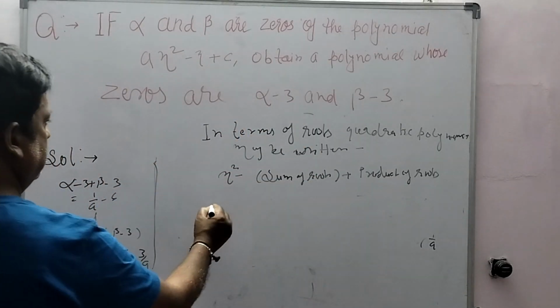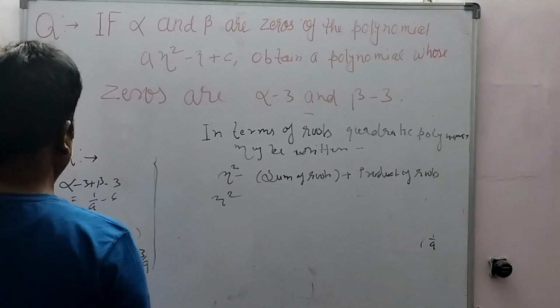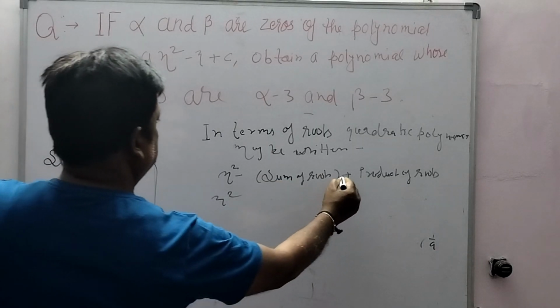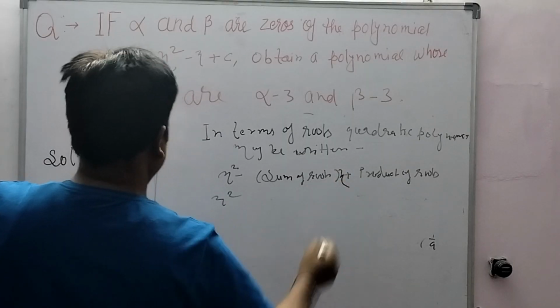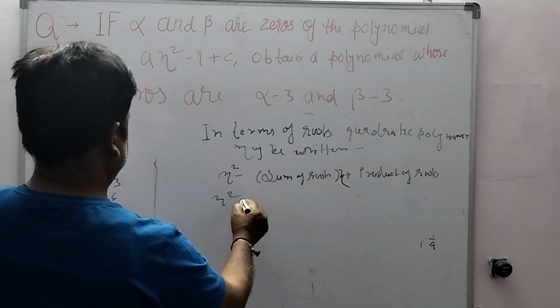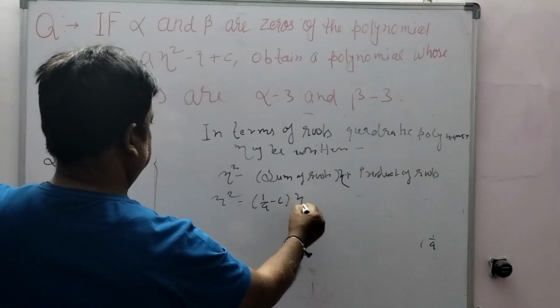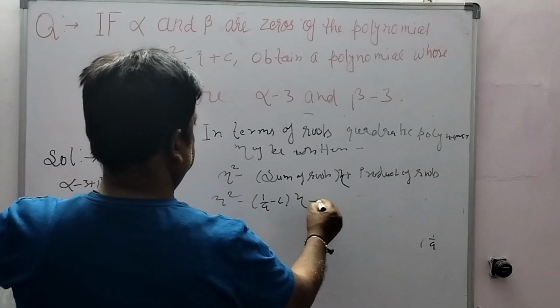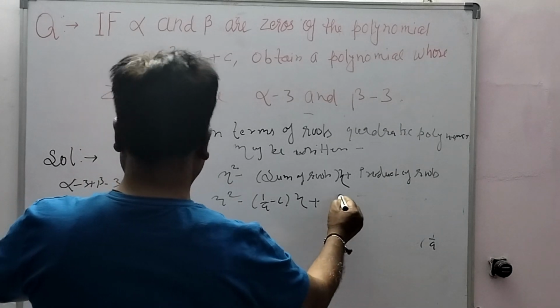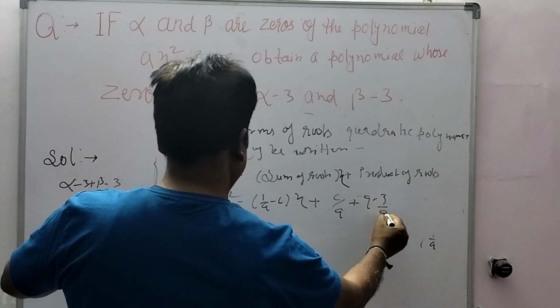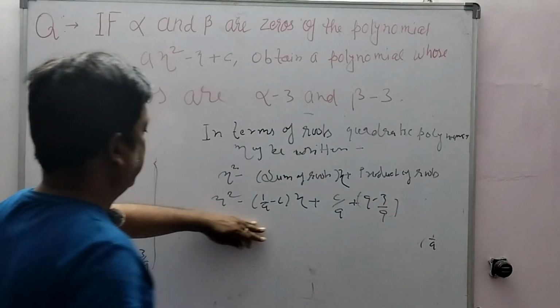X square minus sum of roots, what is given? So here x square minus 1 by a minus 6 into x plus product of the roots, c by a plus 9 minus 3 by a. This is the required polynomial.